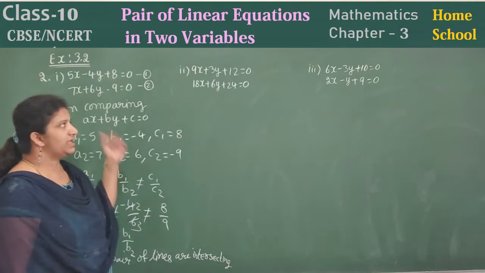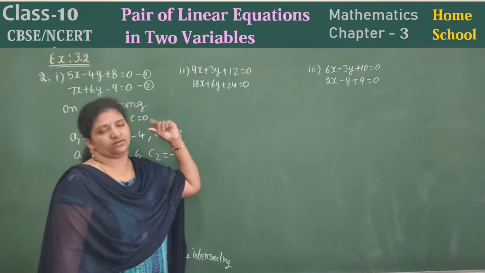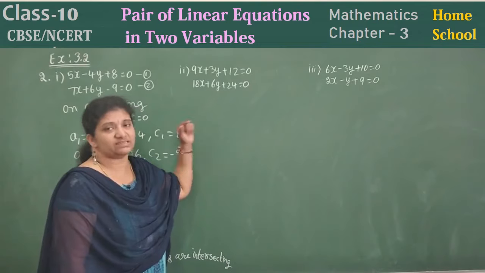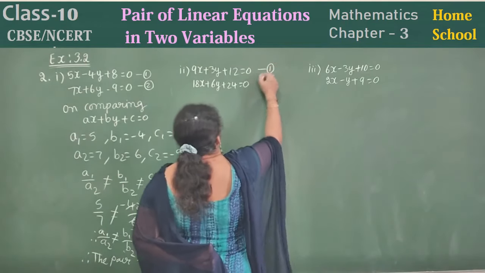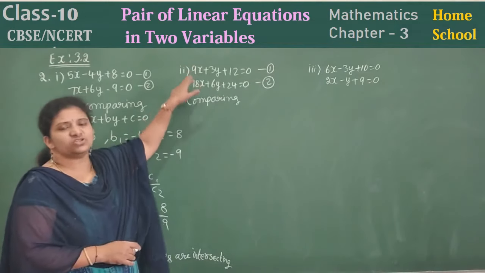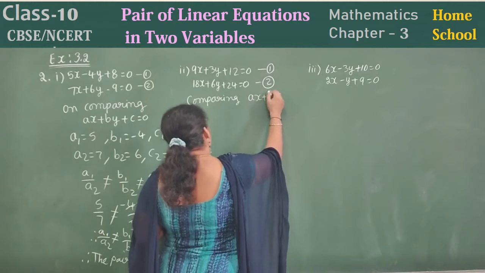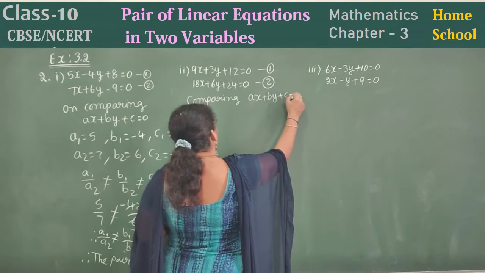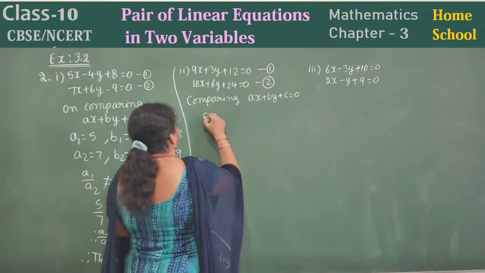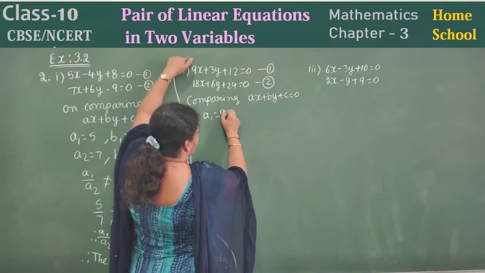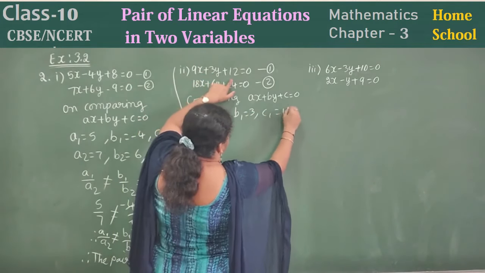Okay, similarly we are going to do the second problem. Again rewrite, children. Consider given the pair of linear equations are, once again write the two equations, mark them 1 and mark them 2. Comparing these two equations with the standard form, that is ax plus by plus c equal to 0. Okay, then a1 is equal to 9, b1 is equal to 3, c1 is equal to 12.